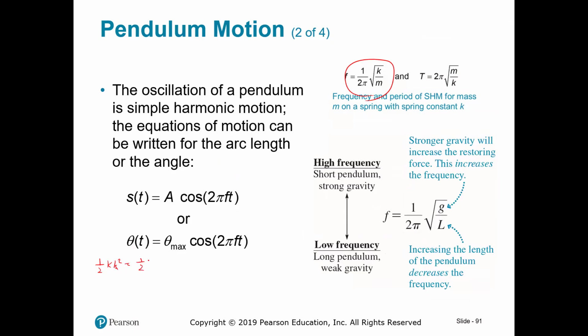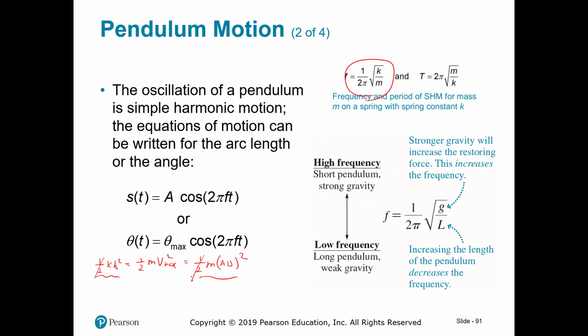One half m v max squared, which is the maximum kinetic energy, but the maximum velocity is a omega. So you have to go over this process by yourself a few times.